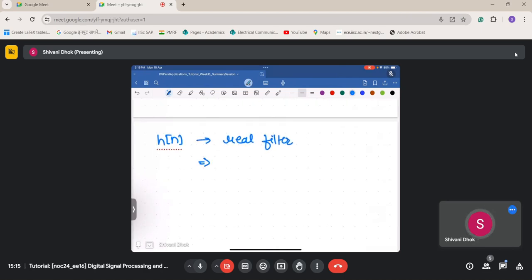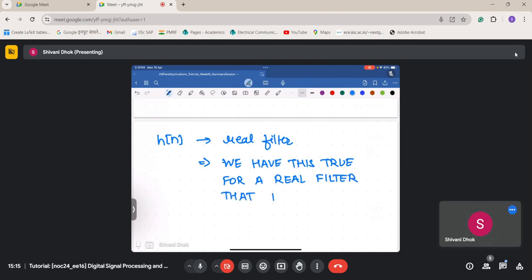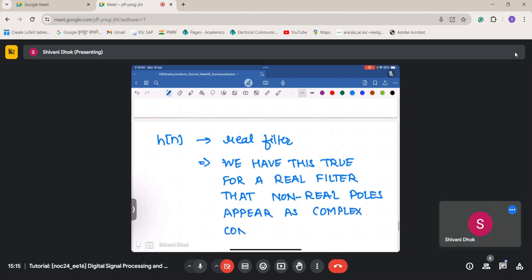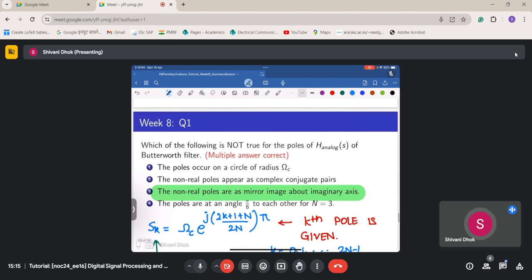And since it is a real filter, we have this property for a real filter that non-real poles appear as complex conjugates. Therefore, the second option is also correct.